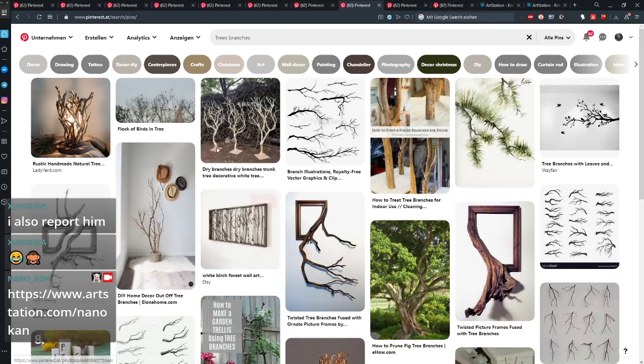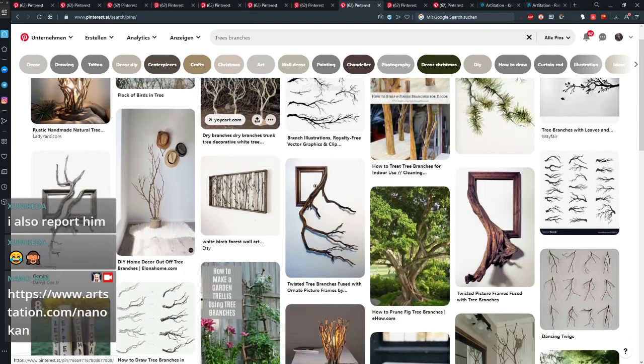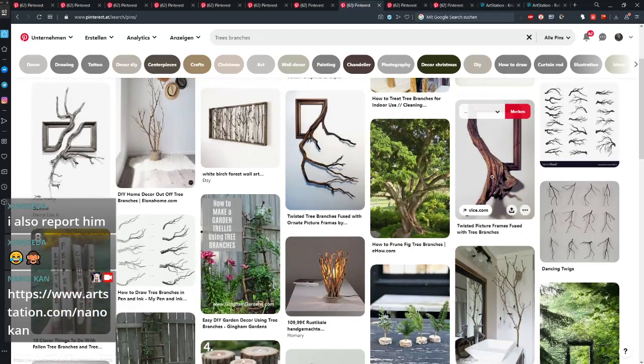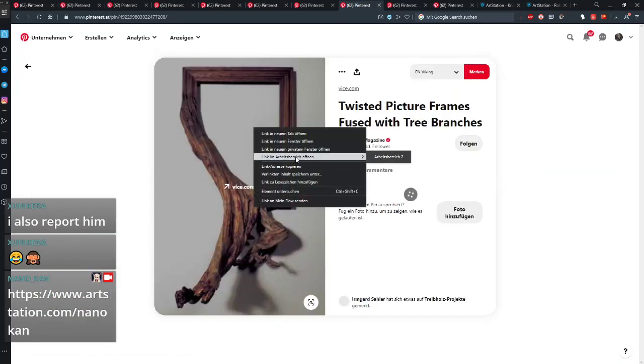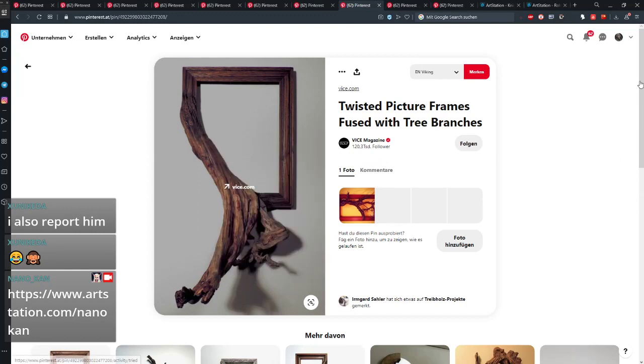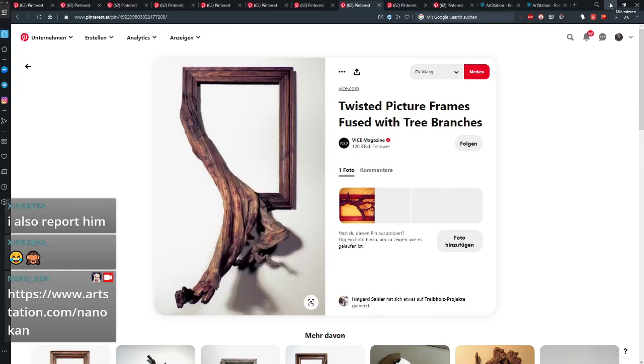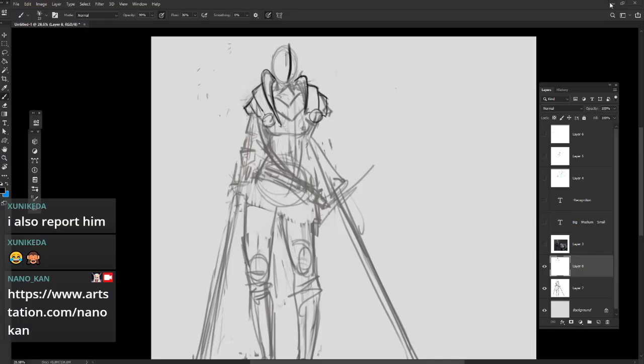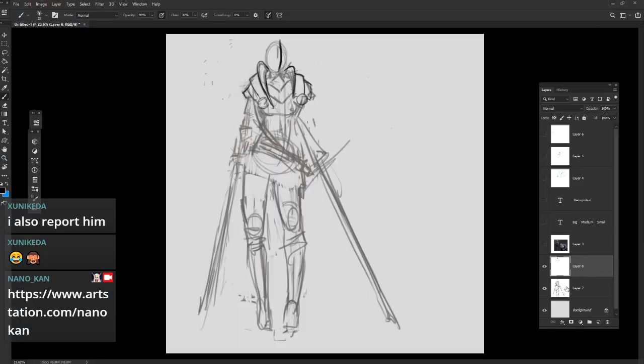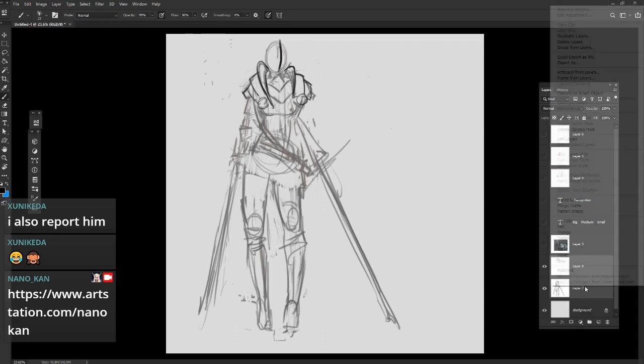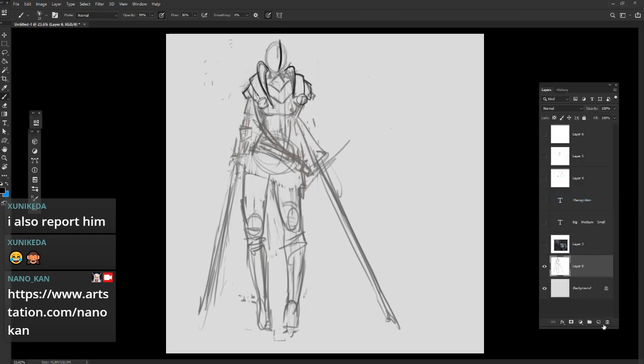I'm telling you this because it's not about what you have in your reference, it's also about what you see. Because shapes, poses, and gestures are everywhere. How you apply them based on your reference is up to you and your imagination.